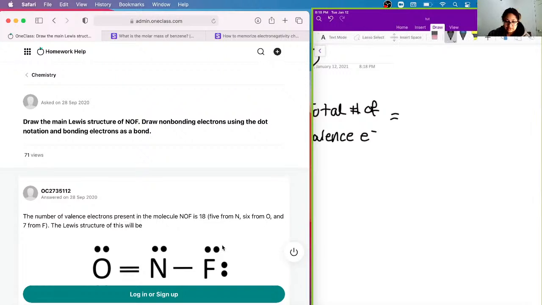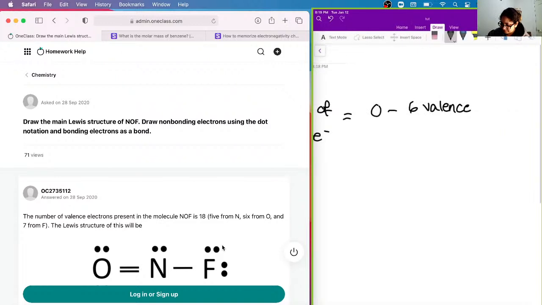So we counted the total number of valence electrons of each of the atoms. Oxygen has 6 valence electrons. Nitrogen, 5 valence electrons.